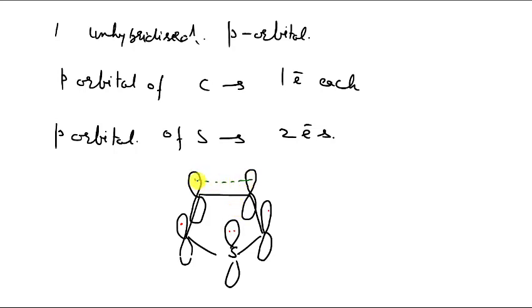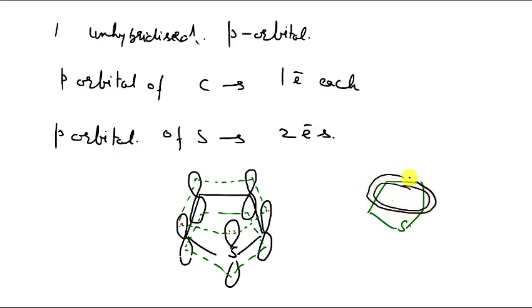I am showing the molecular orbital diagram of this structure. They overlap sidewise above and below the plane, and these 6 pi electrons are delocalized. We can represent the structure of thiophene like this, where the electron cloud is delocalized above and below the plane of the thiophene molecule, whose sigma bonded framework is a flat pentagonal ring.